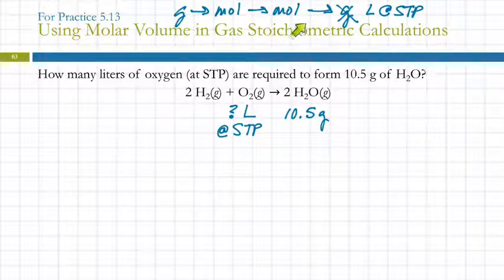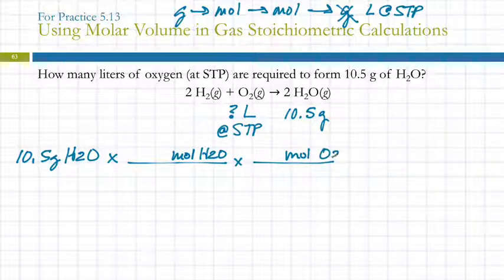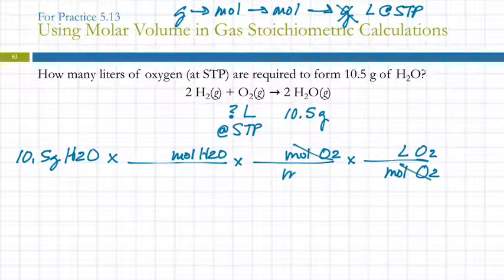So the molar volume of a gas is the conversion factor between liters and moles at STP. 10.5 grams of water, and I'm going to convert that to moles of water, and I'm going to go to moles of the thing I'm looking for, moles of oxygen, and I'm going to go to liters of oxygen. I figured all that out in my path up here, grams to moles to moles to liters. I put the previous unit in the denominator, so those units cancel out.